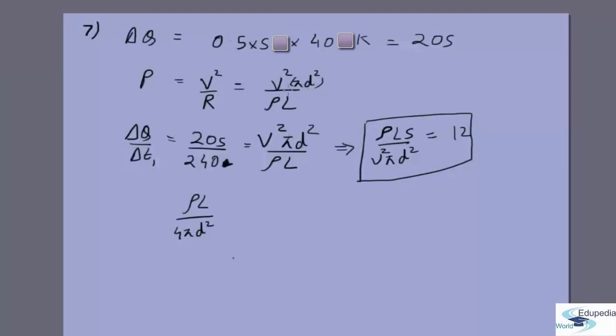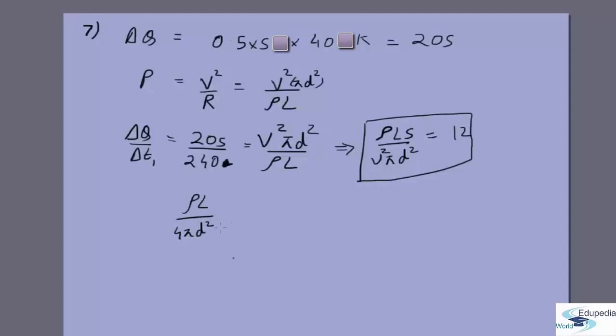Pi r square is the area when r is the radius. But since we need the ratios, it's not going to matter much. So I'm just going to use pi d squared now, and we can assume that d for us is the radius. There's just a difference of a factor of 2. I hope you don't get confused by that. Right. So rho L, we'll just take pi d squared, which is proportional to the area. It's the constant times the area. The constant will cancel anyway.